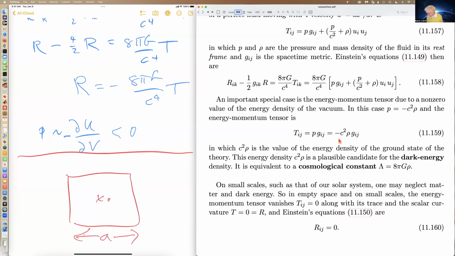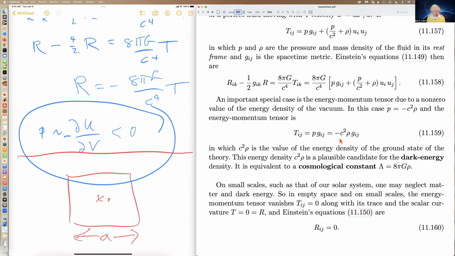Of course, there are fields all the time in empty space. But here we're imagining that there's a field whose potential energy is huge in a certain region of space at a given time. And when that happens, the pressure is negative and absolutely huge.